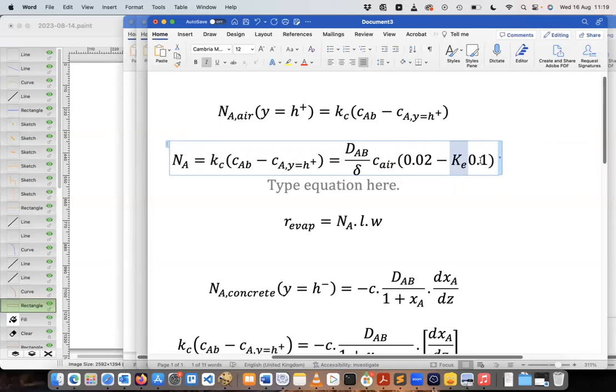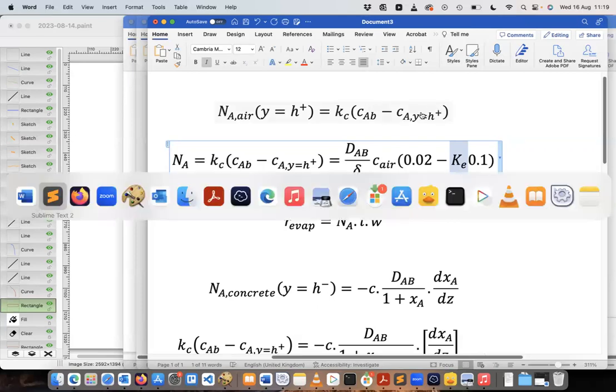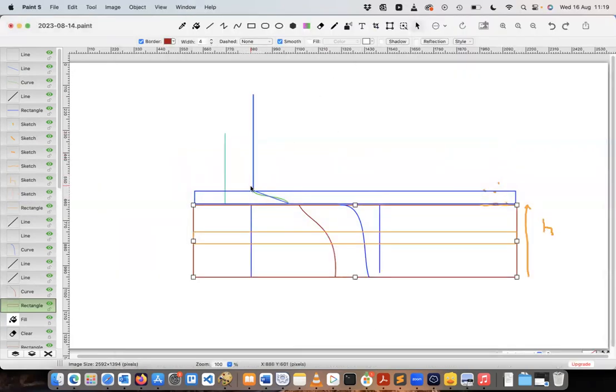But this is looking at the concrete, whereas this molar flux is in the air. So if this is the flux in the air, this concentration difference is air concentration differences. So it's referring to the concentration in the bulk and the concentration in the air above the surface. So that's an air concentration.